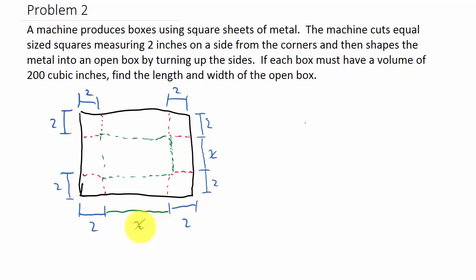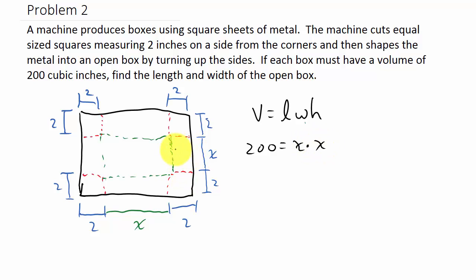So if you look at this, the volume is length times width times height, so it's the length times the width, so X times X. Before we do that, the volume V is 200, so that's 200 equals x times the height.